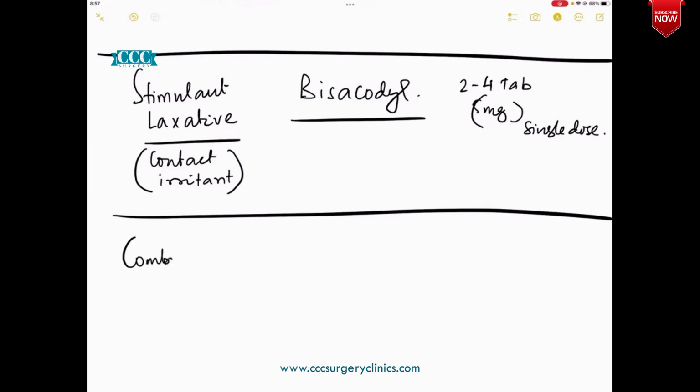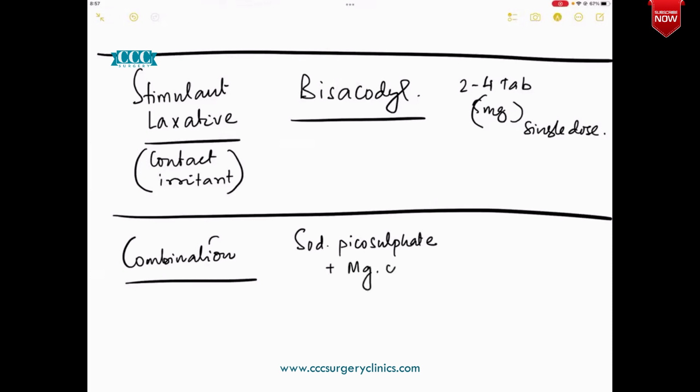Now, people have combination drugs. Combinations can be of various kinds, and you have known that in your practice. We can combine sodium picosulfate, and along with sodium picosulfate we usually give magnesium citrate.